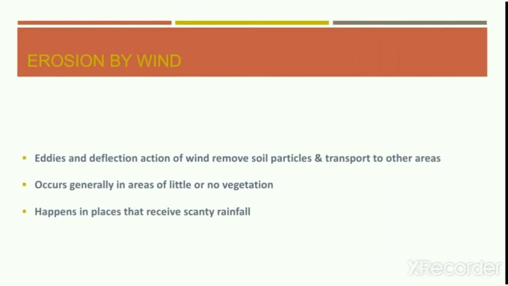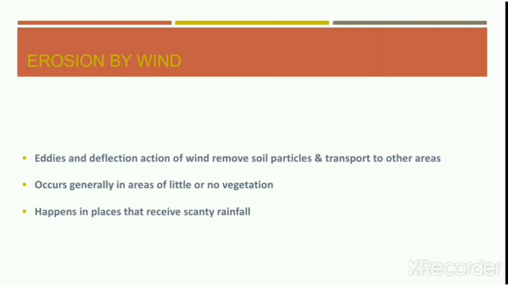Air currents with their momentary eddies and deflection pick up the soil materials in small quantities and transport it from one area to another and aid in the development of new soils. The tremendous effect of wind erosion processes is found in flat, gently undulating, treeless regions.